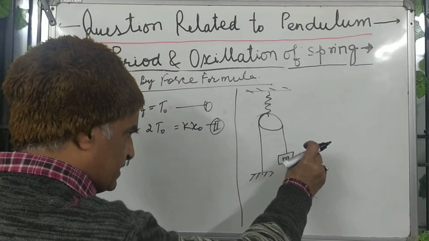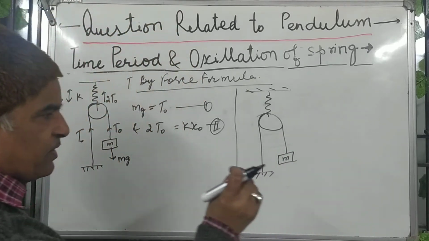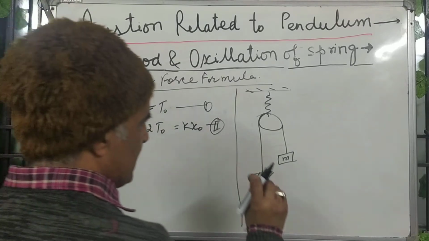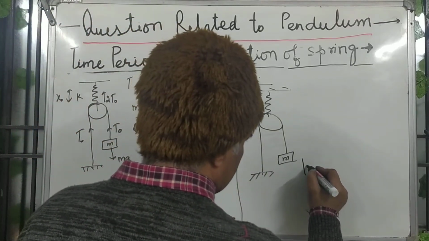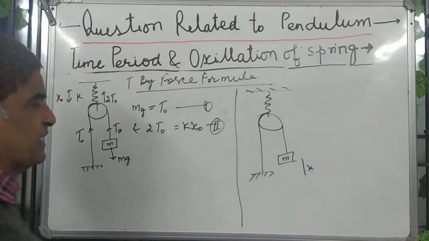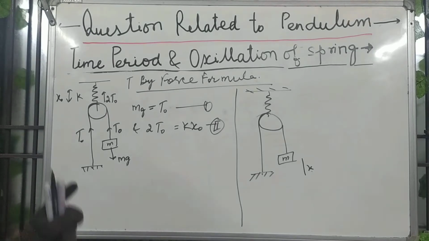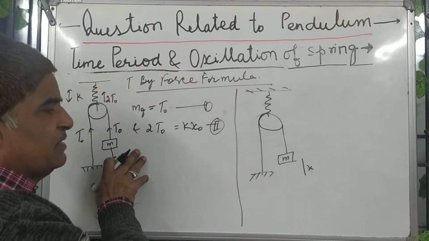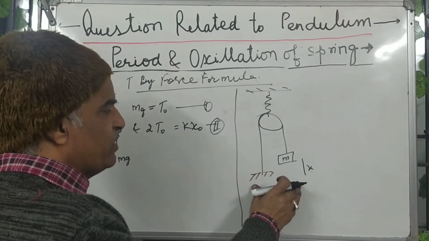Now it is pulled downwards by a displacement x. This is very important, please keep it in mind. This is the equilibrium state, and this is not the equilibrium state.